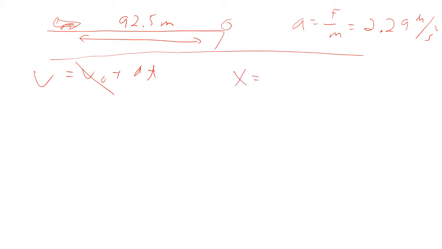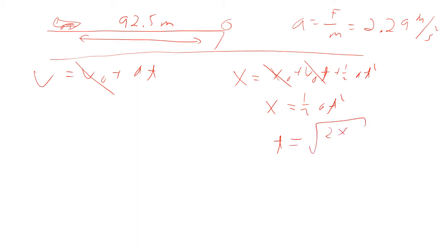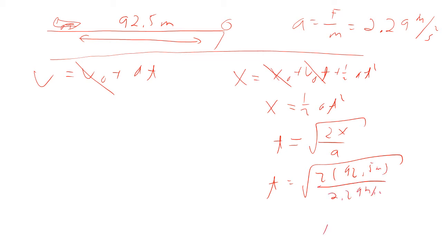Well, we know that x equals x naught plus v naught t plus 1/2 a t squared. If those are 0, then x is going to be equal to 1/2 a t squared. So t is going to be equal to the square root of 2x over a. That's the square root of 2 times 92.5 meters divided by 2.29 meters per second squared.